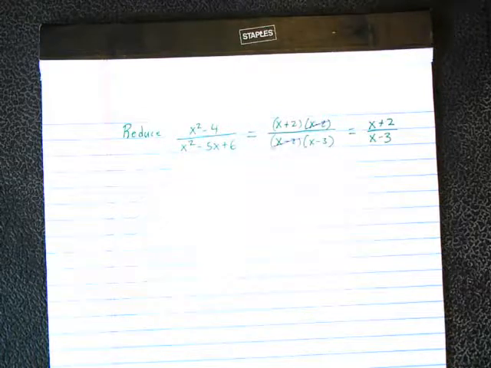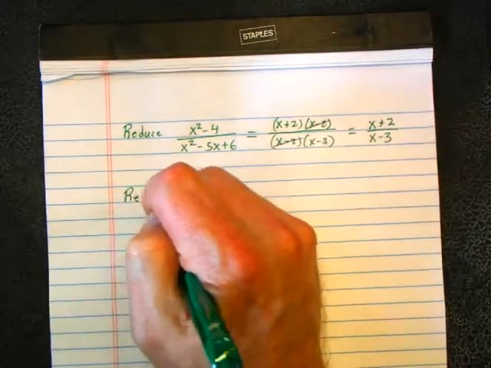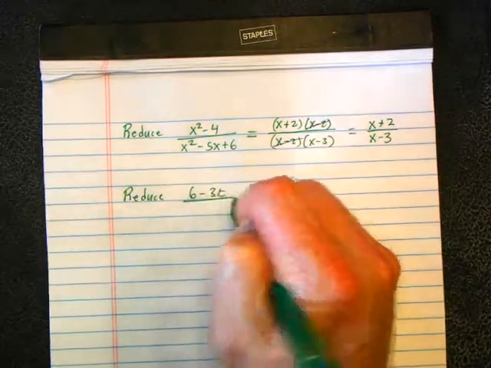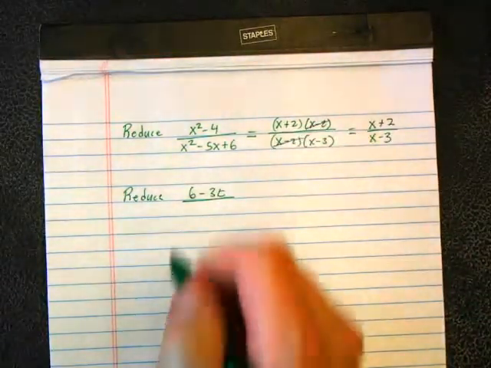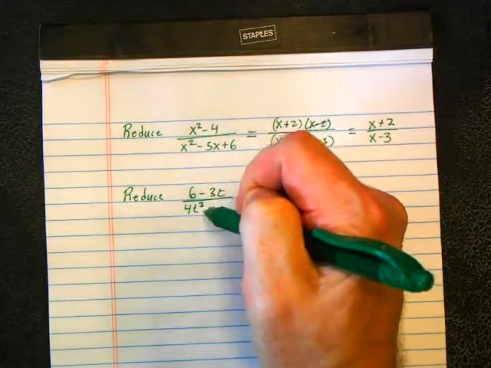All right, let's deal some problems out of the book here. Let's see. Oh, I got some good ones. How about reduce 6 minus 3t over 4t cubed minus 8t squared.